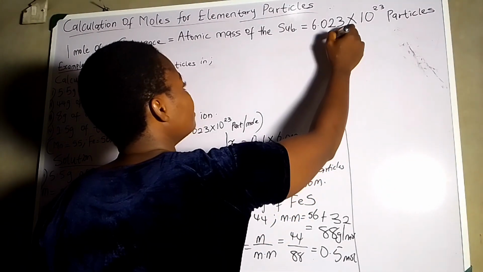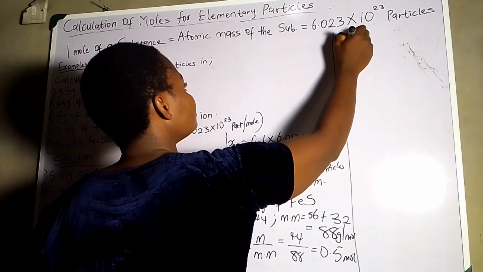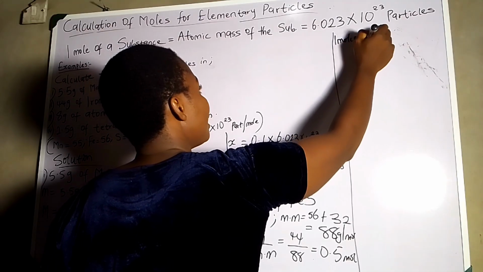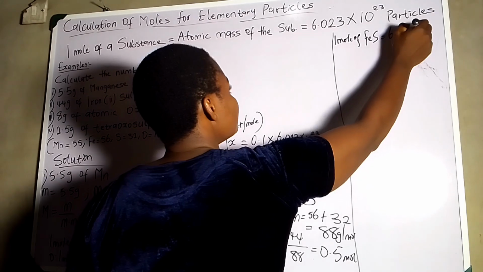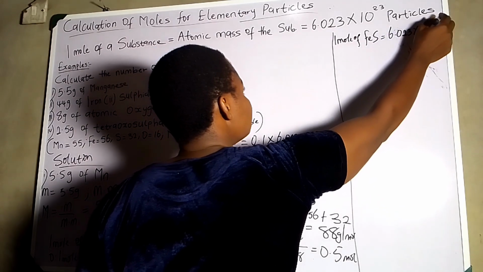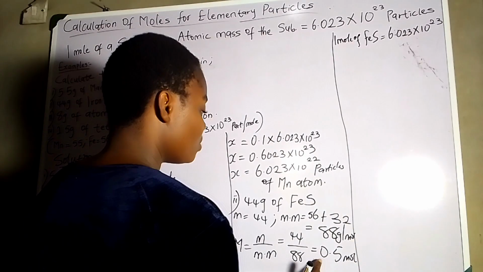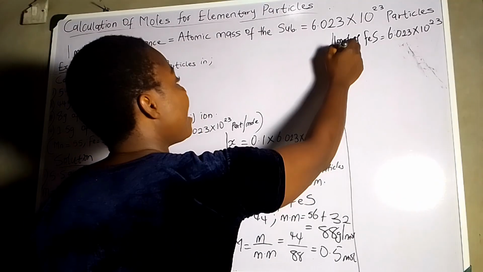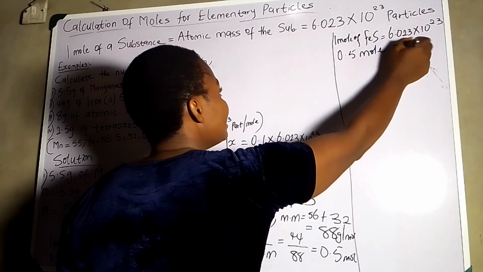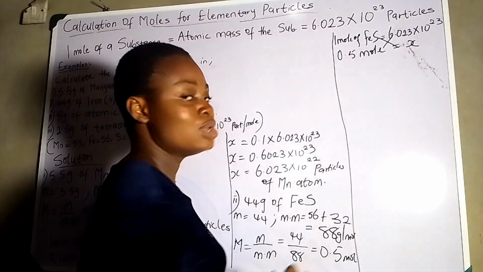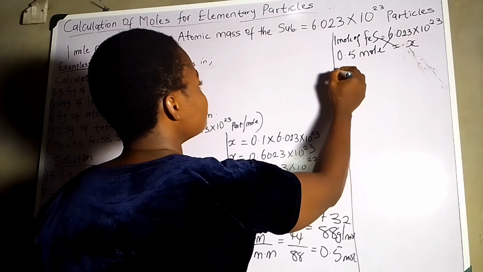So, we say now, for 1 mole of iron 2 sulfide contains 6.023 times 10 to the power 23. I'm just trying to manage my board, okay? Now, what is the mole here? 0.5. I have 0.5 mole. We call it S, okay? It's very simple. You do your simple cross multiplication.